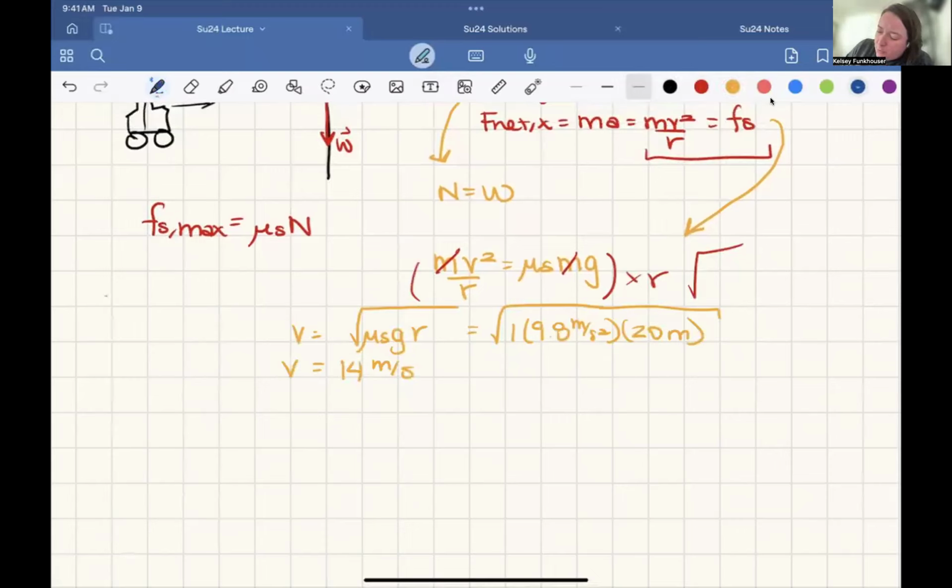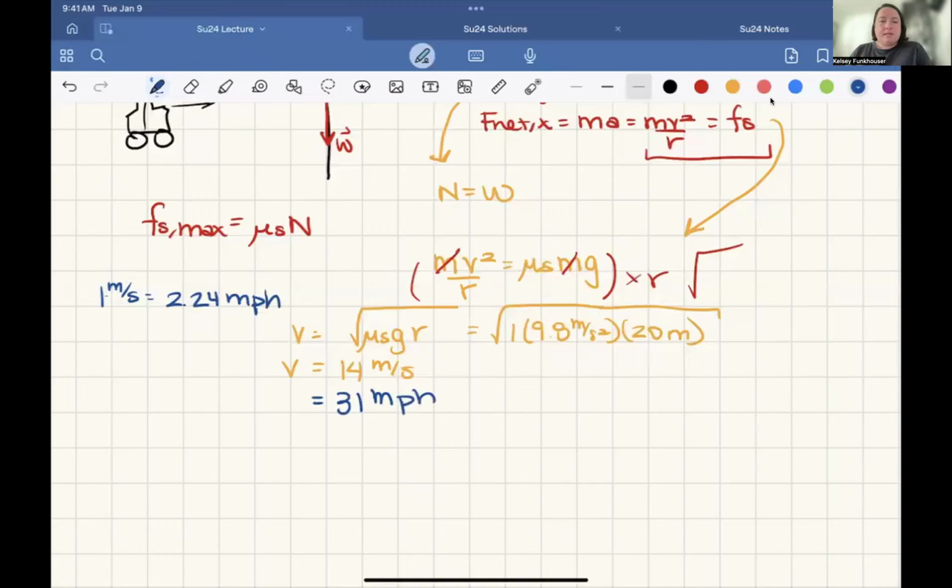So 1 meter per second is 2.24 miles per hour. That's rounding a little bit, but close enough. And so this is about 31 miles per hour.